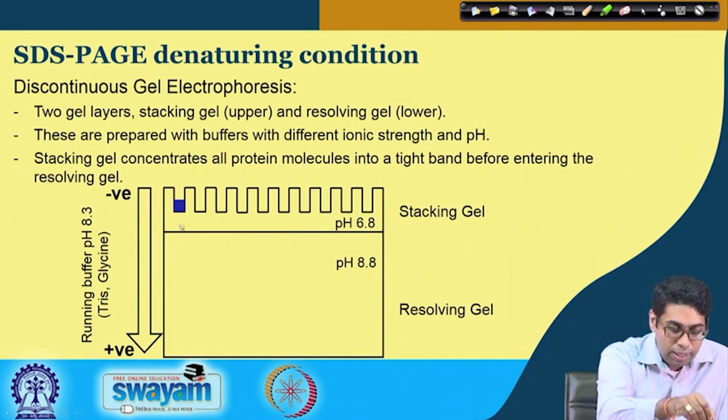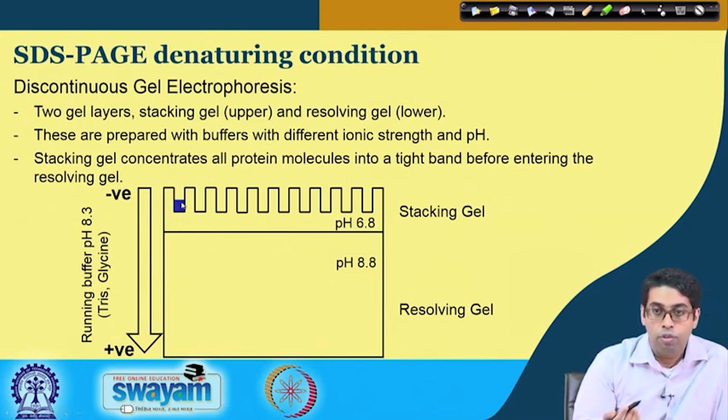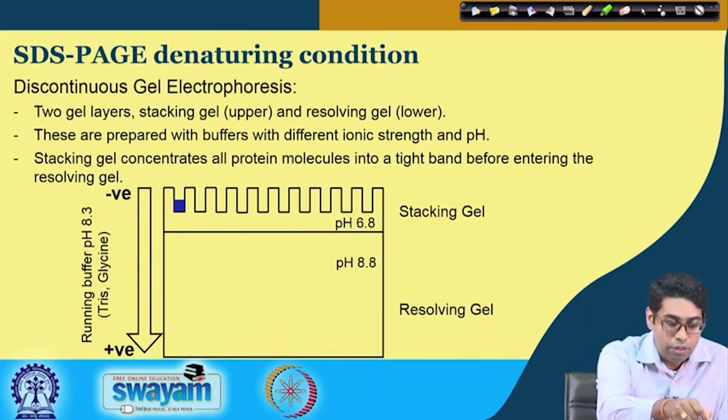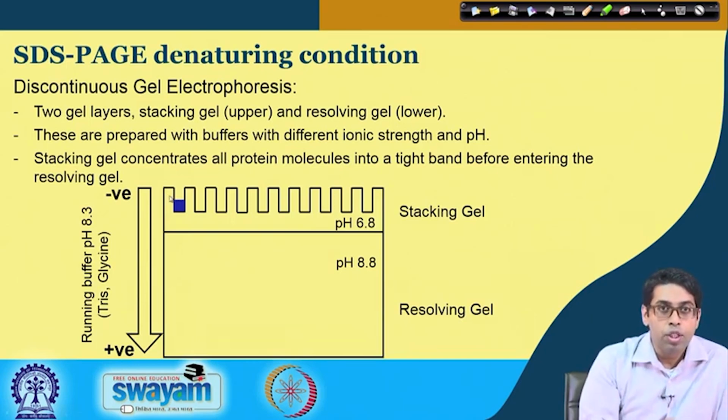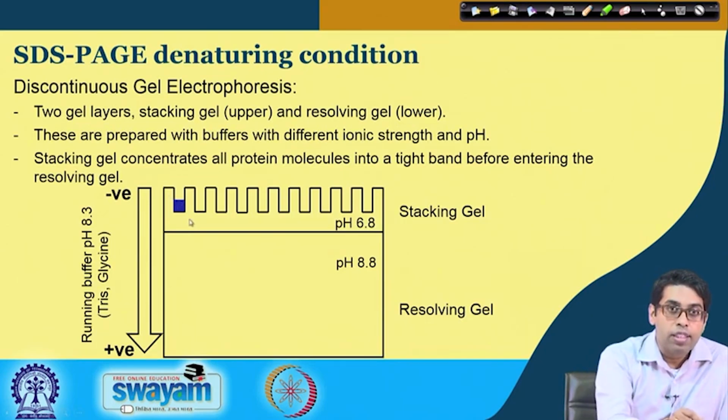But when a sample is applied, for example this one, these samples occupy a certain volume. So, we typically add something in the range of 10 to 15, maybe up to 20 microliters of sample in each of these lanes. So, if this sample volume is 15 microliters, it means that all the proteins are distributed in this volume.